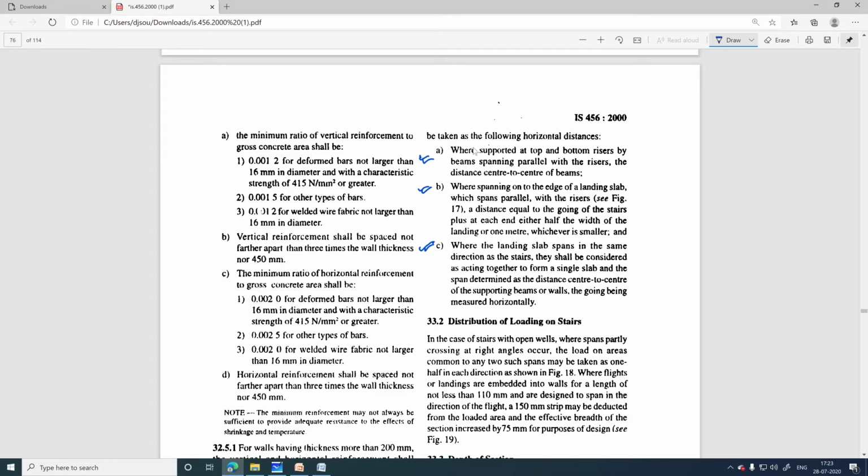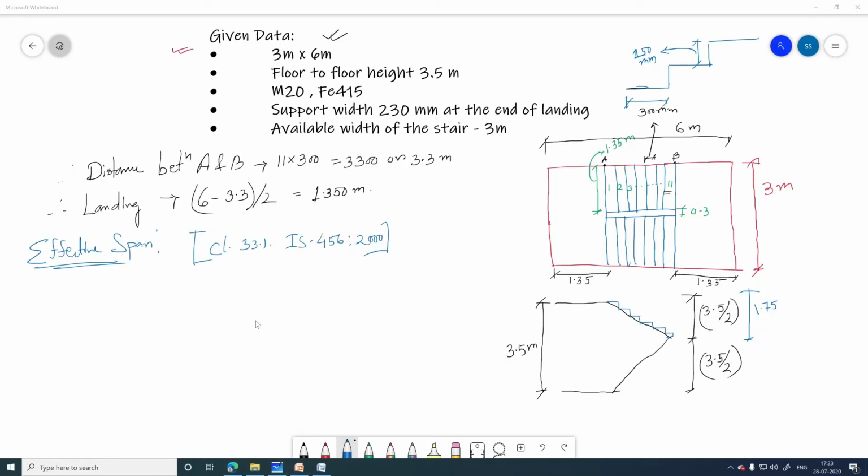In the first case, it is said that where supported at top and bottom risers by beams spanning parallel with the risers, the distance is center to center of beams. That means, in this particular case, if I draw the diagram over here, suppose that is the first case.